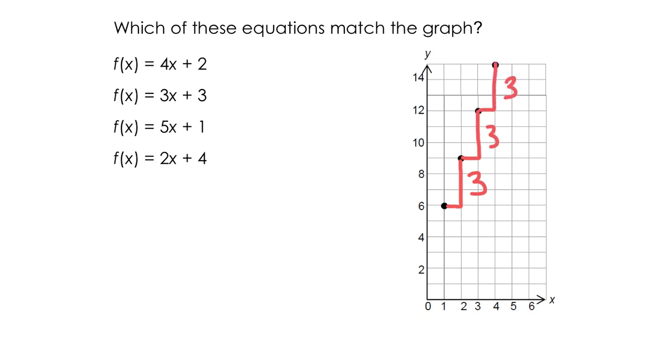So because my gap is 3, I have to find the function equation that would have a gap of 3. Remember, I'm looking at the coefficient in front of the x variable. Right here, because that is 3, I know that this is the function that matches the graph.